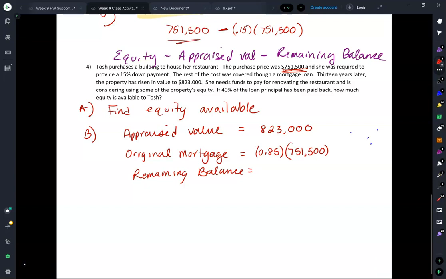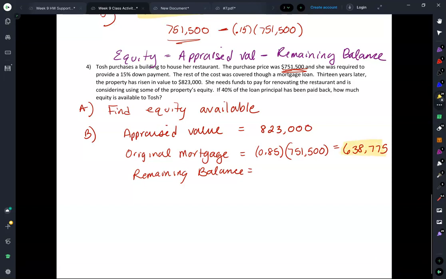Or you could think of it as I'm paying 85% of the purchase price as my mortgage. Okay, so if we calculate that out, that comes out to be $638,775.